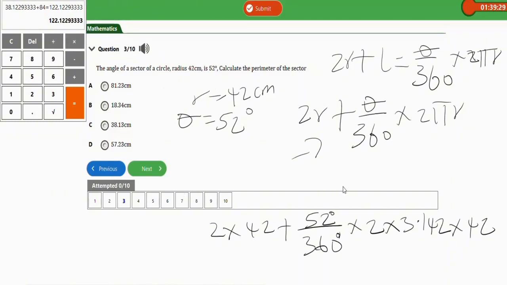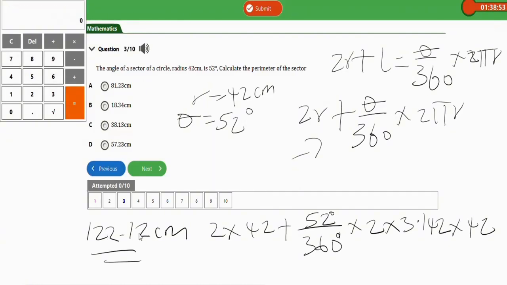If we are leaving it to 2 decimal places, the perimeter of the sector will be 122.12 cm. Unfortunately there is no correct option here, so there is an error in the options. The correct answer to this question is 122.12 cm. So that's it for this question.